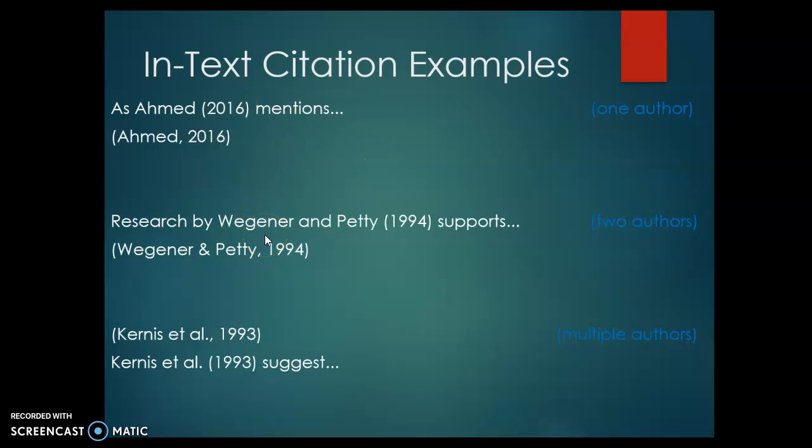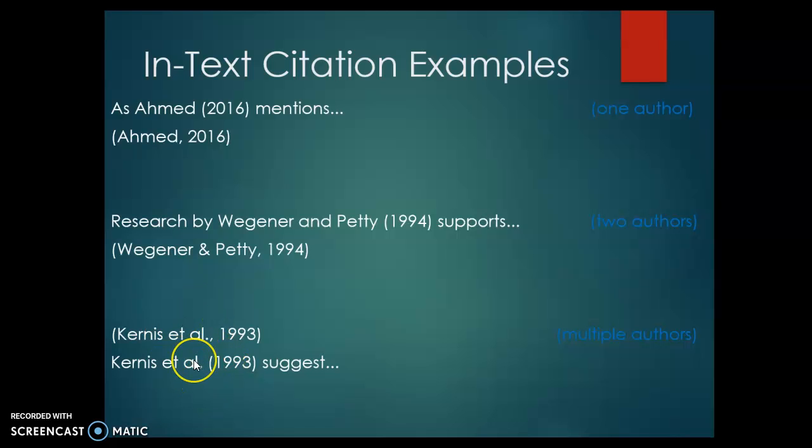If it's more than two authors, then it's going to follow the multiple authors format down here, which utilizes the et al. structure. So this would be first author, et al., comma, 1993. This is what would follow at the end of the sentence.